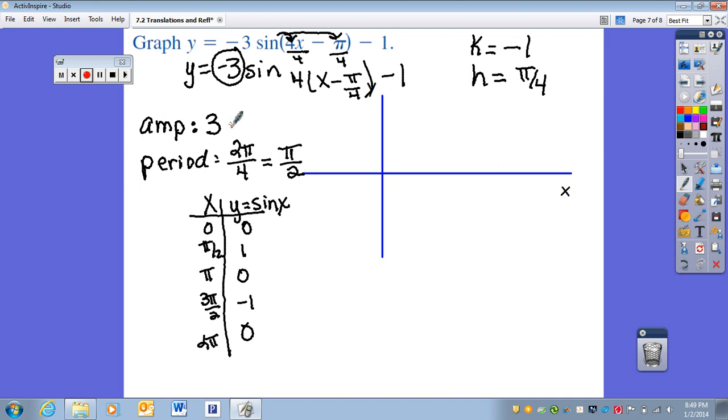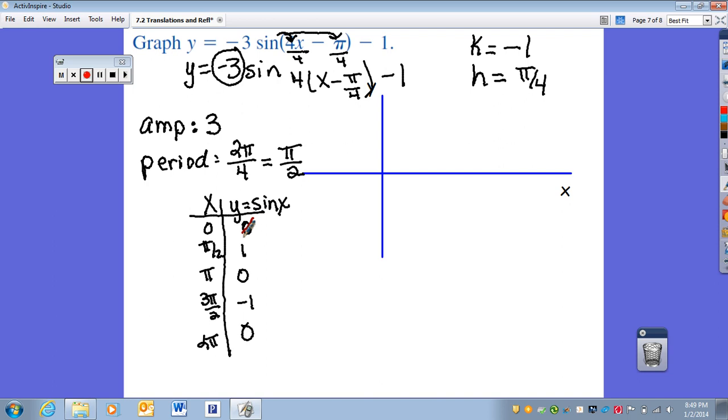So the first thing we need to do is to change our amplitude so it reflects that we are going to have an amplitude of 3. Remember, amplitude is the distance from the center either up or down. The next thing that we need to talk about is that our graph is going to be affected by the k value, and this is going to shift vertically, and it's going to do it negative 1, or 1 unit down.